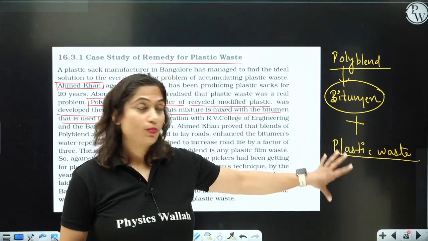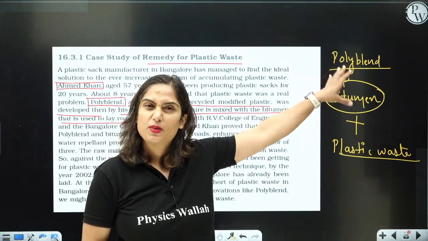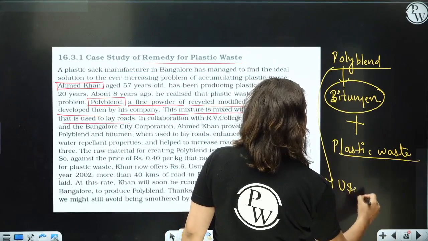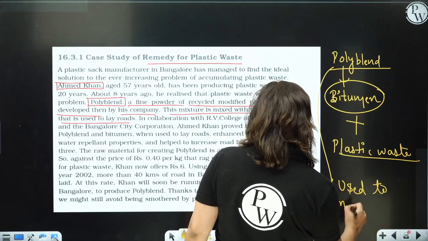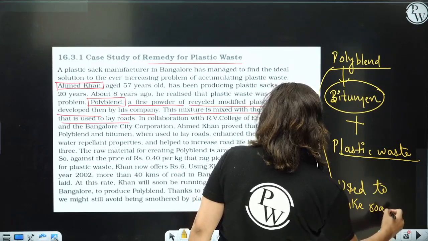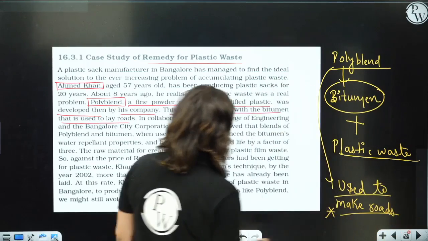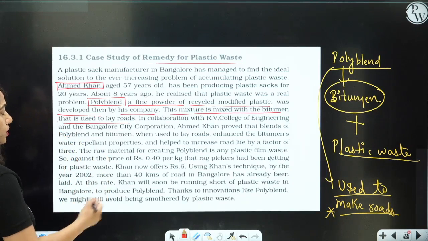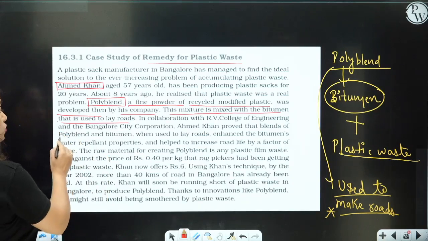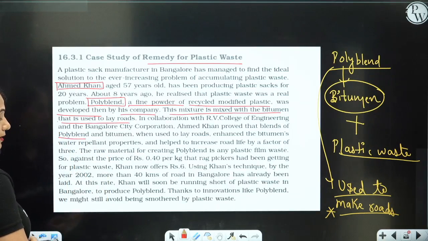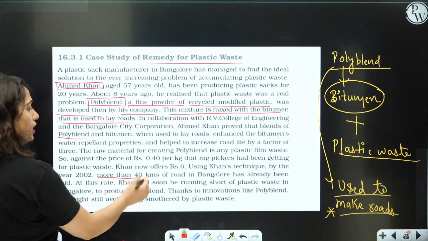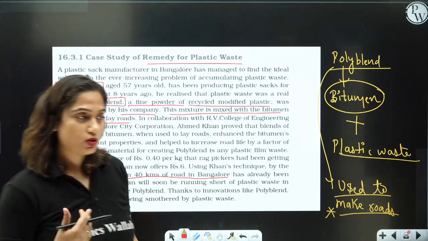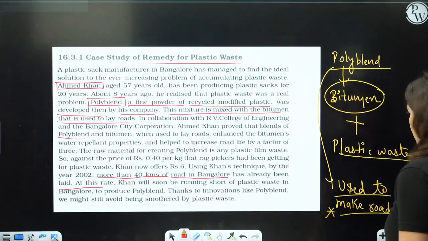He combined the plastic waste with bitumen and formed a specific thing called polyblend, and this polyblend was used to make roads. So this is a very efficient method to use plastic waste, right? In collaboration with a college in Bangalore, Ahmed Khan used polyblend to lay roads. More than 40 kilometers of roads in Bangalore have already been laid with the help of polyblend. So this is a very good example of using plastic waste.